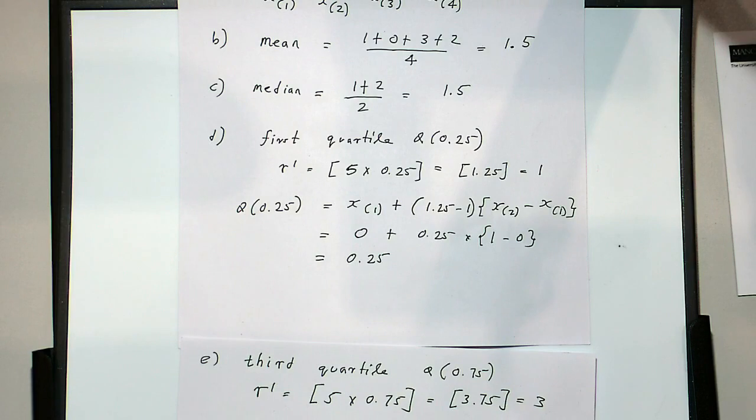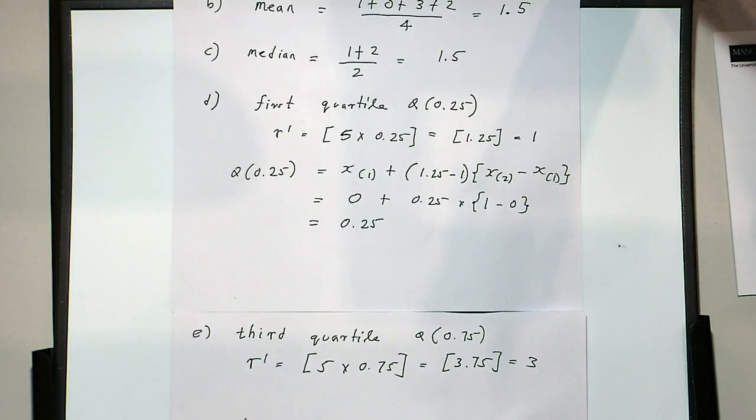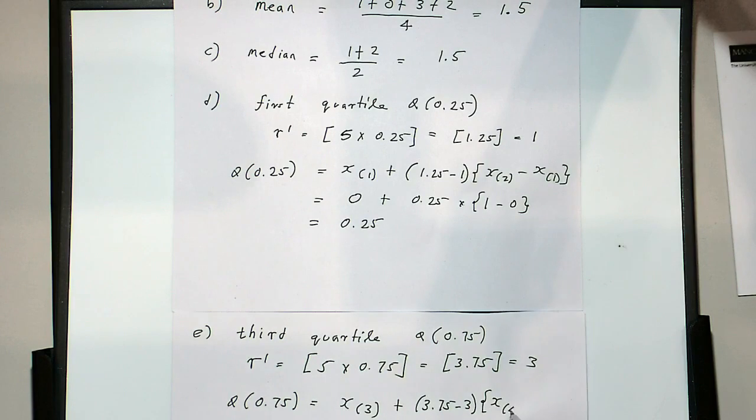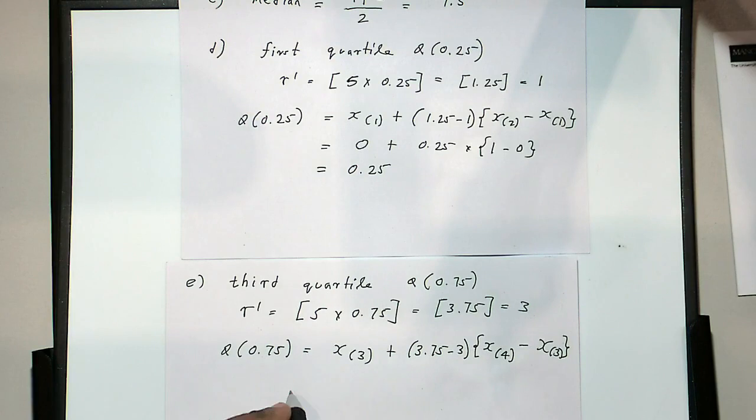So using this formula one more time, the formula in the very top of the computer slide, yeah, you can see Q at 0.75 is equal to x, right? Okay. So if you do the math on this, you will get this to be equal to 2.75. All right, so the third quartile is equal to 2.75, right?